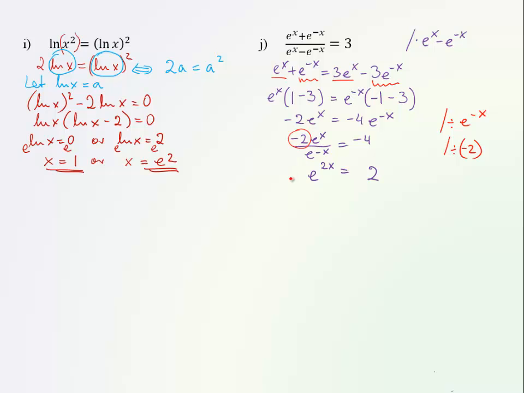And finally, we could apply ln on both sides of the equation to bring down the exponent. So this is equivalent to 2x equals ln 2, which is the same as x equals 1/2 ln 2. So that would be the final solution.